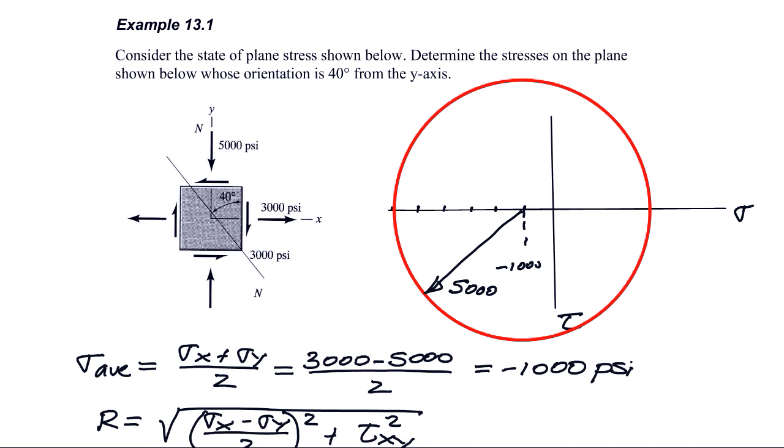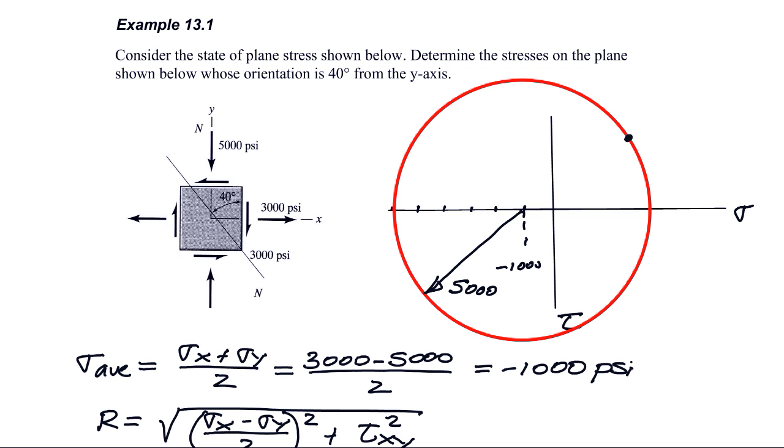Our current state of stress, or at least on the x-axis, would correspond to a positive 3,000 for sigma x, and for tau xy it would be a minus 3,000. So I need to come up to a position right here. The way I have my picture drawn, tau is positively down, so this gives me the location of the x-axis.